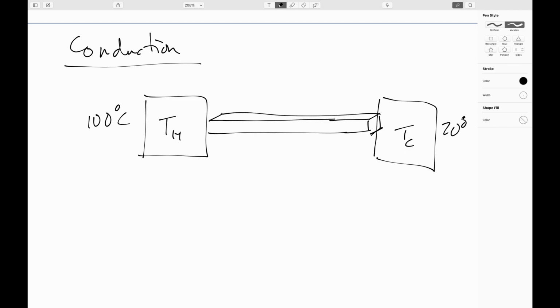So this could be, say, maybe a very thick stock pot or something like that, with an immersion heater in it. So anyway, there will be a net transfer of heat from hot to cold, because that's just what heat wants to do spontaneously.